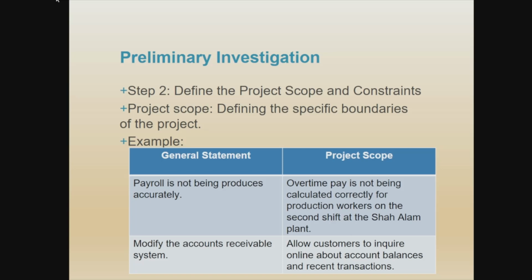Is it all the production workers? No, it's only the second shift production workers. The entire plant? No, it's only at the Shah Alam plant. So that is the scope, specifying the boundaries of your project. This part is very important because later on when you do the FYP, you need to bring this kind of mentality when you come up with your project scope.